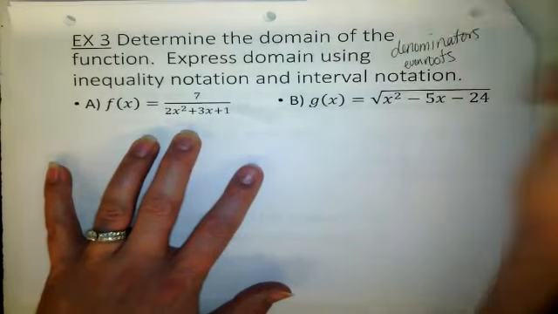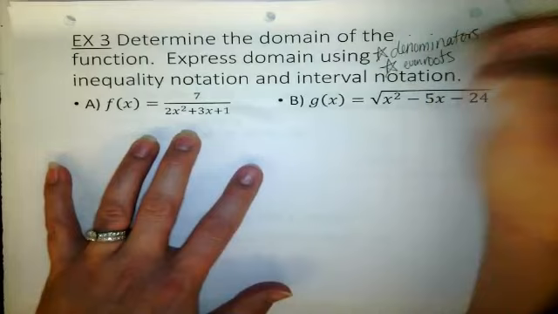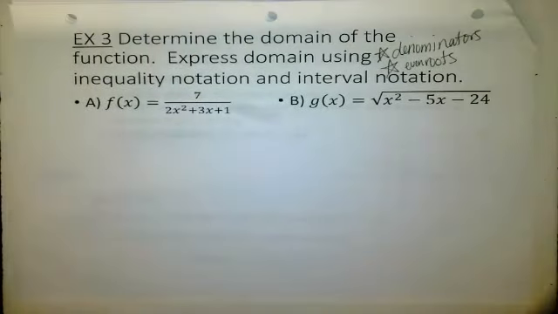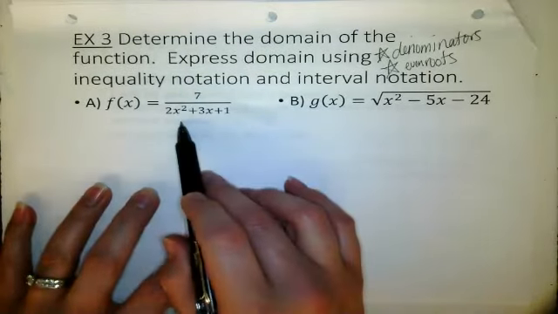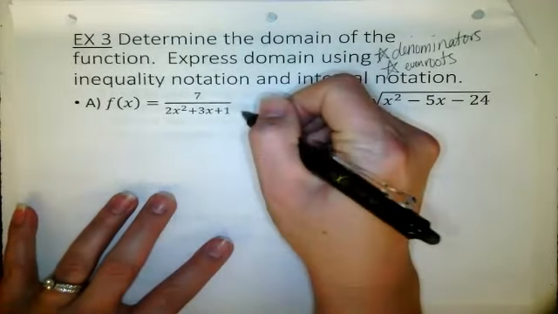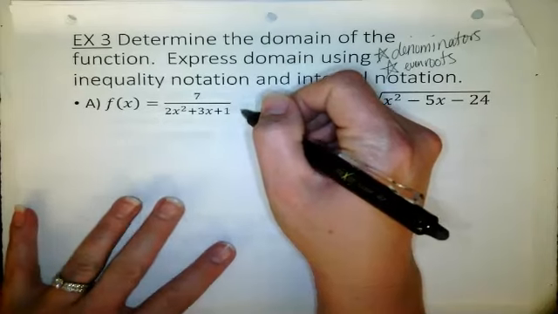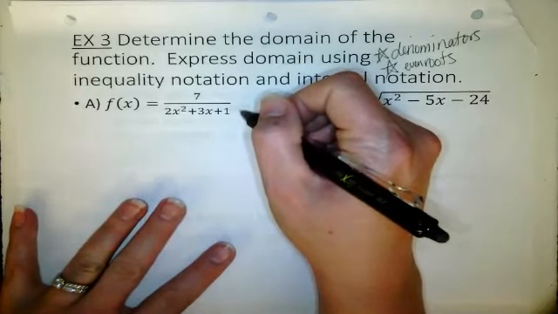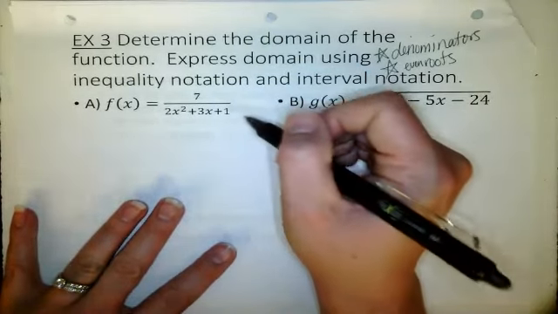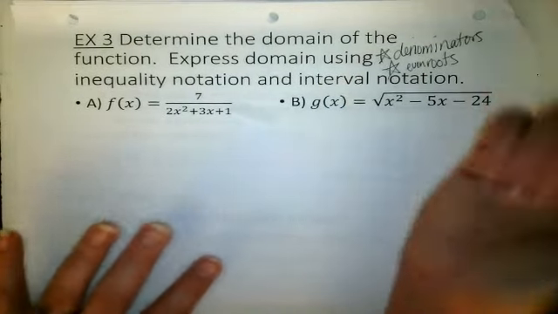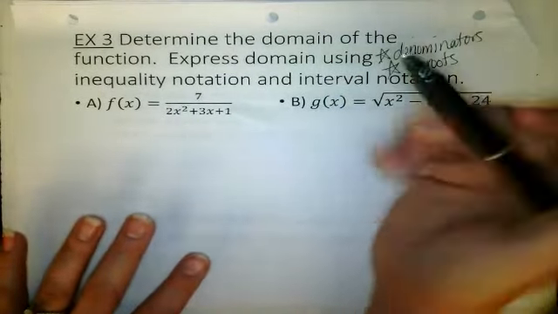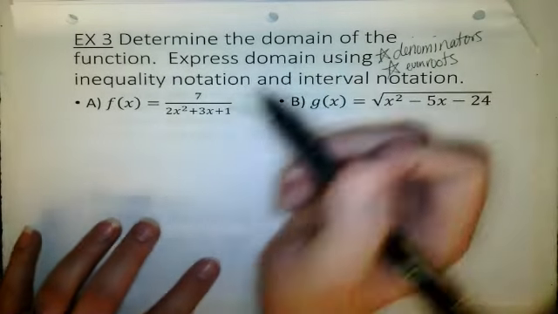These are the two examples of things that we have to figure out the domain for. This is a rational fractional function, and the denominator always gives us domain problems. Because if the denominator is 0, we would be dividing by 0, which is undefined.